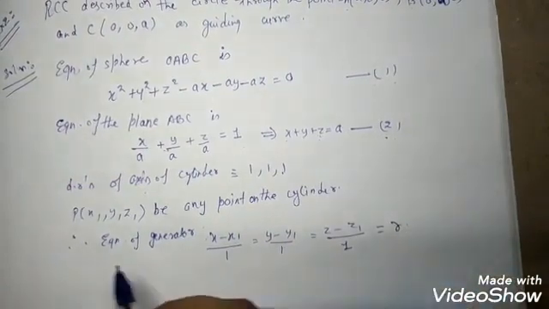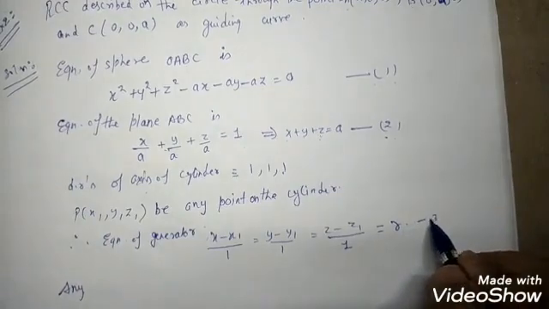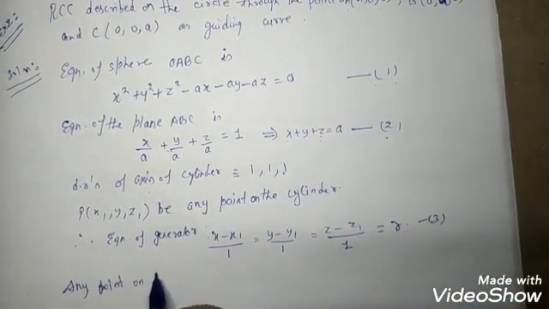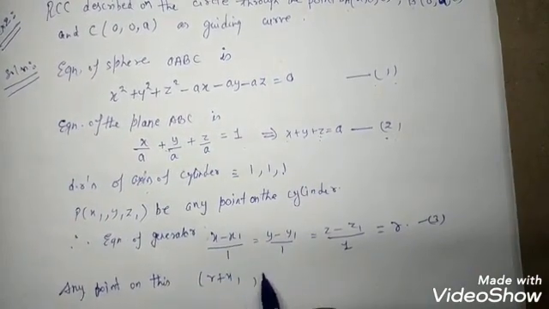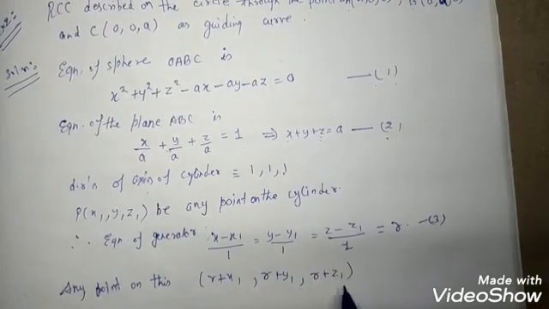Now any point on this generator will be r plus x1, r plus y1, and r plus z1.